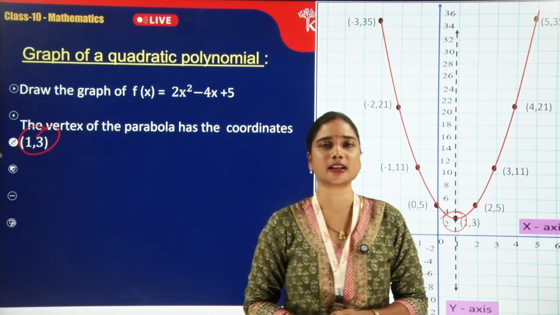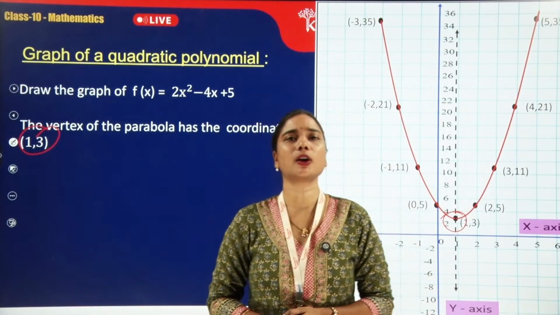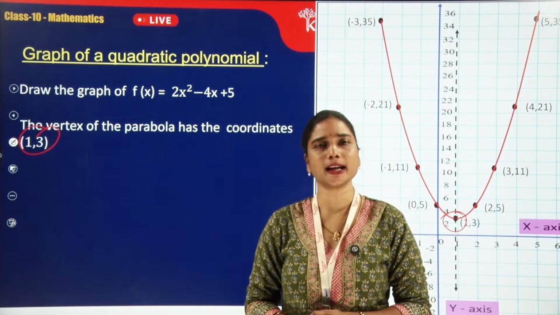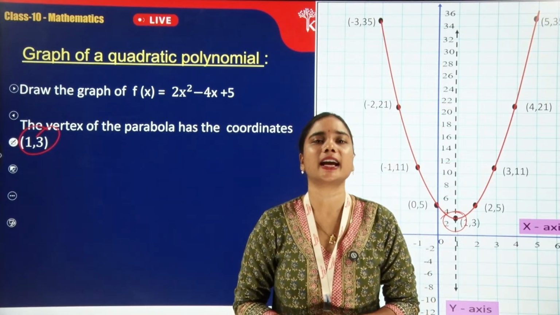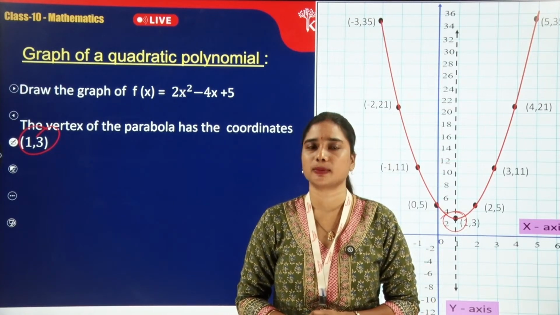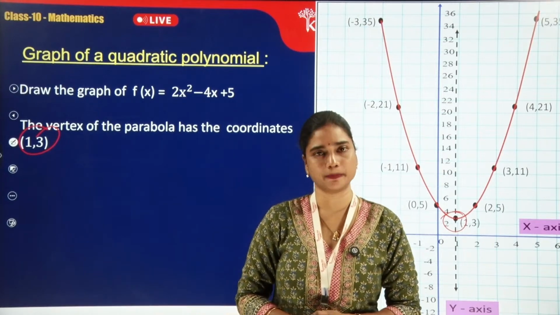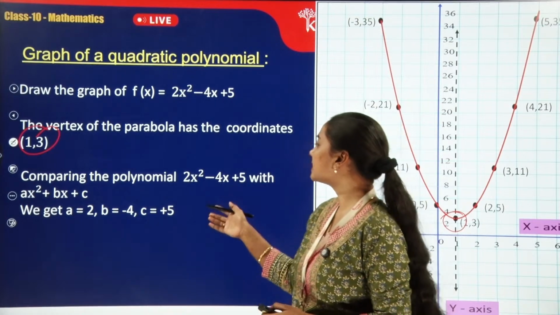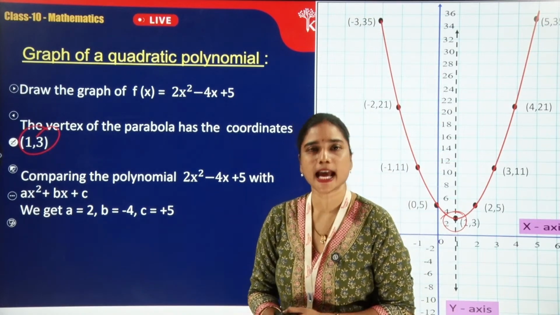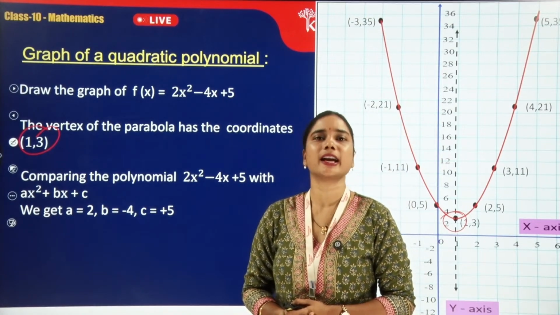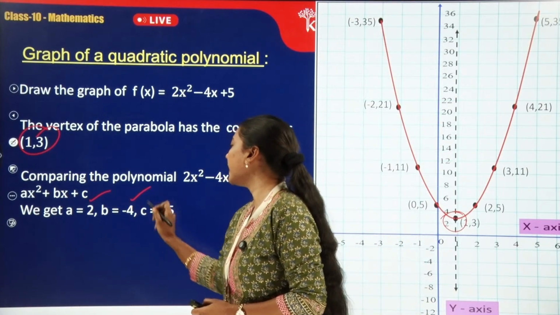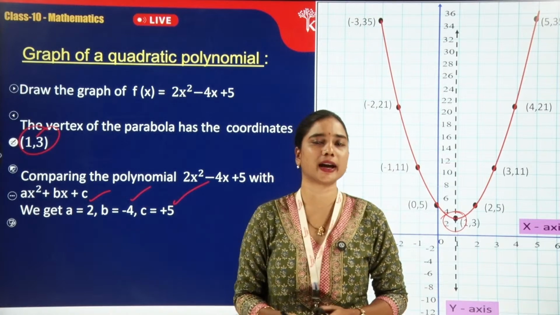So for that, first compare the given quadratic polynomial with the general form of a quadratic polynomial, which is ax square plus bx plus c. Find the values of a, b, c. a is 2, b is -4, c is +5.